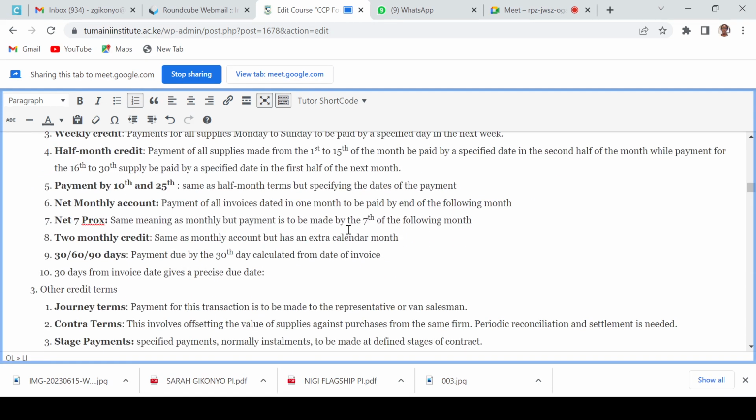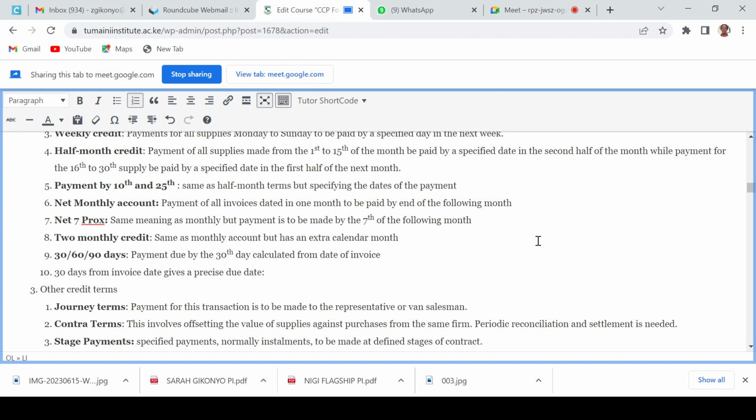Then the other one is payment by 10th and 25th. Hii ni kama tu ile ya huko juu, same as half month but specifying the dates of the payment. So ni the 10th and the 25th tuna expect a payment from you. Then kuna net 7 prox. Net 7 prox. This one same meaning as monthly, but payment is to be made by the 7th of the following month. Net 7 prox.